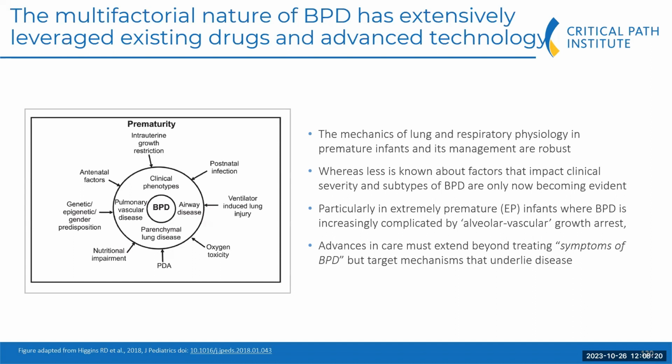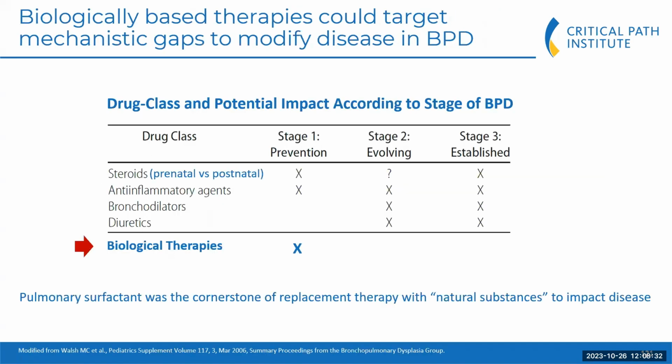So how can we do better? Well, we need to move beyond those medicines that treat symptoms of disease and instead look at what are the things that are mechanistically important to that disease. And I believe that's where biologics fit in, because they actually could target the underlying mechanism, much the way alpha-1 antitrypsin deficiency exists.